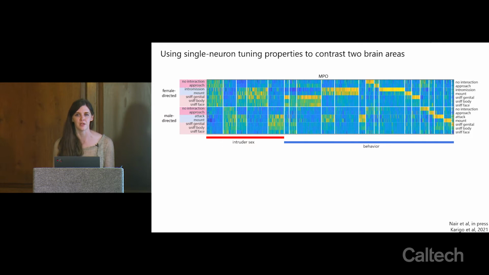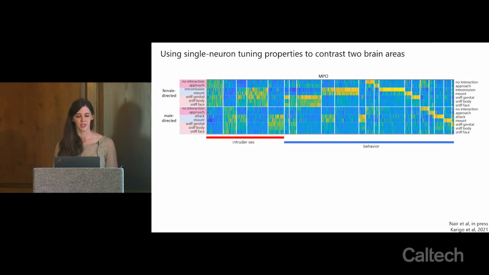So for, say, medial preoptic area, a region that is heavily involved in control of reproductive behaviors, we can see that there are a bunch of cells that respond specifically to intromission and mounting, some cells that respond only to intromission, and also some cells that are specifically activated during other individual behaviors. We can also identify cells in this way that are activated just under broad conditions during multiple behaviors, like cells that are active anytime a female is present or anytime a male is present.